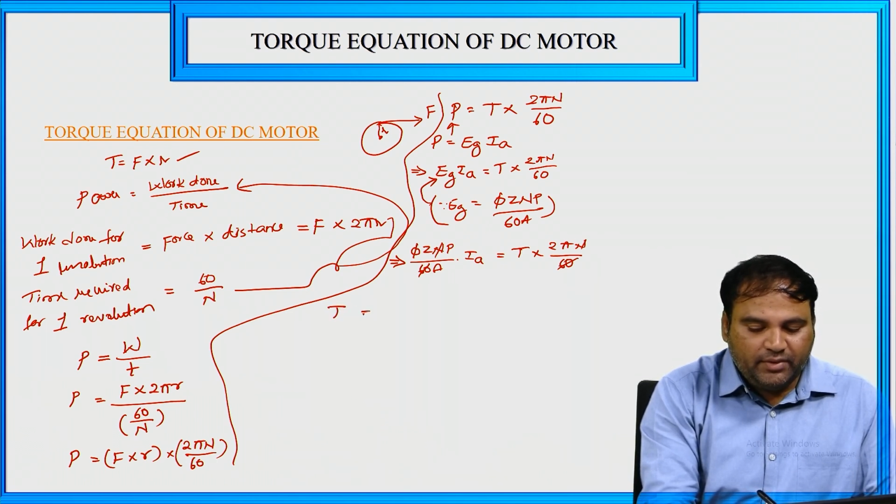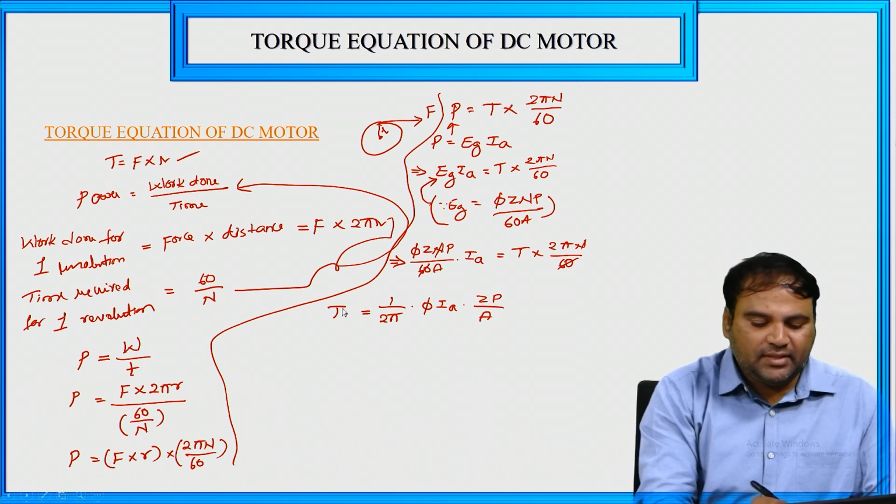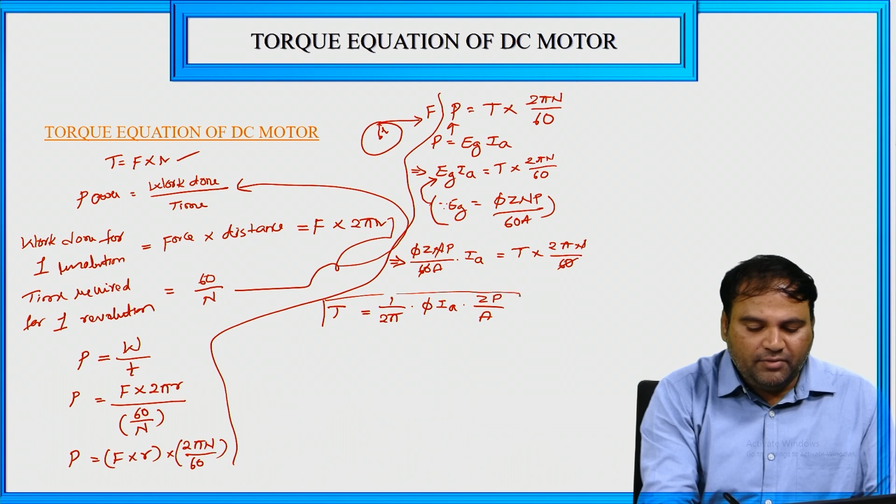So T equal to 1 by 2π into φIa into ZP divided by A is the torque equation of DC motor.